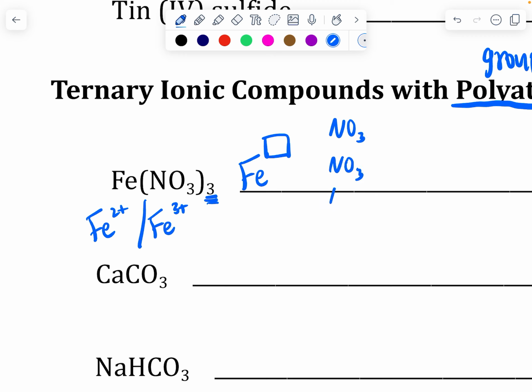Wow, that's a lot of nitrates. And if you look, what's the charge on a nitrate? It's got a charge of 1 minus. So what should this positive be to cancel out 1 minus, 1 minus, 1 minus? 3 plus. Therefore, it would have to be this type.